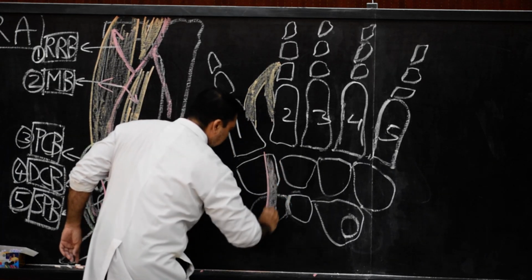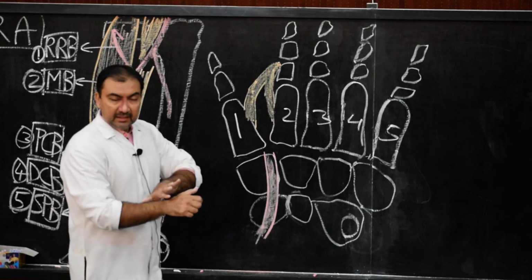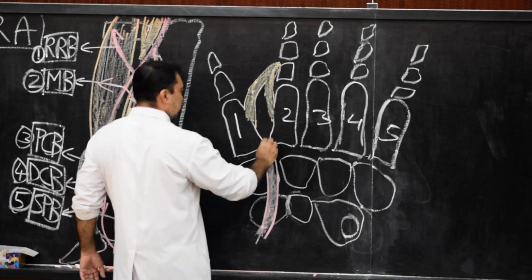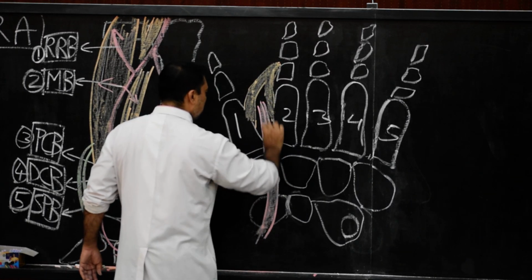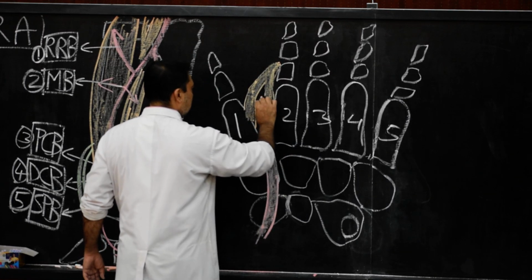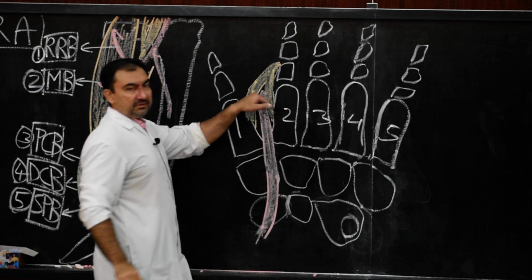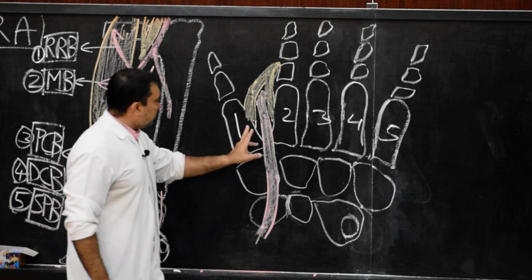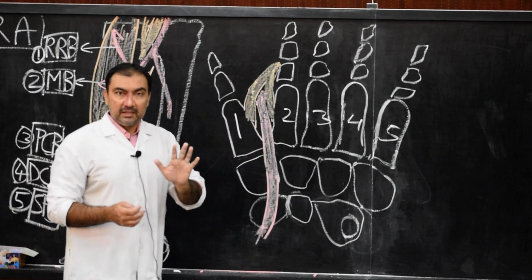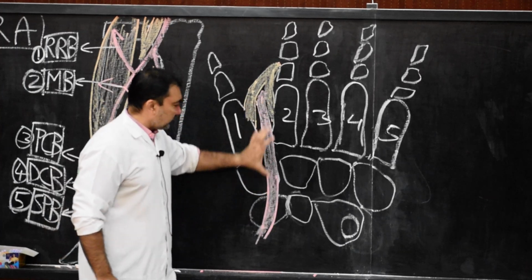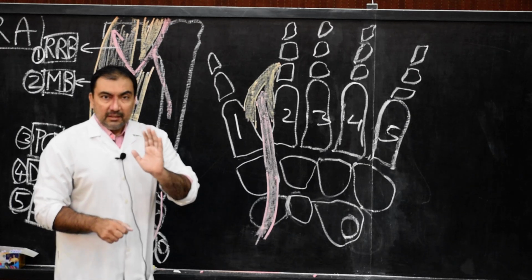It passes the dorsum of the wrist, and then passes between the two heads of the first dorsal interosseous muscle. As it passes between the two heads, it will enter the palm. So this is the brief course of the radial artery on the dorsum of the hand, remember.